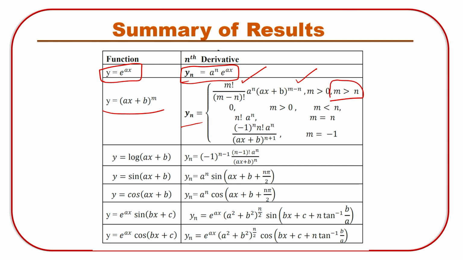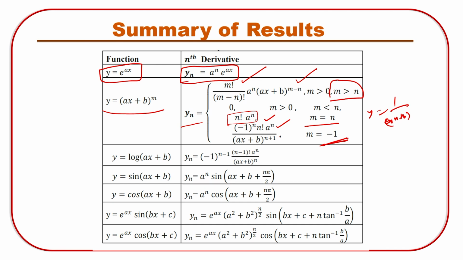There were three cases. If m equals n, the whole equation becomes very easy: n! times a^n, right? And when m equals minus 1, that means y equal to 1 divided by (ax+b), then the answer will be (-1)^n n! a^n divided by (ax+b)^(n+1), right?